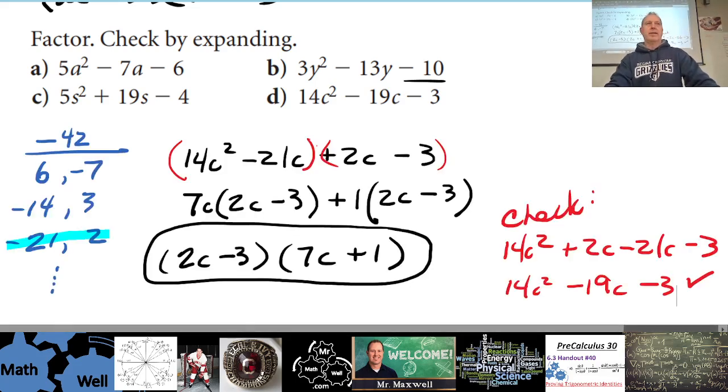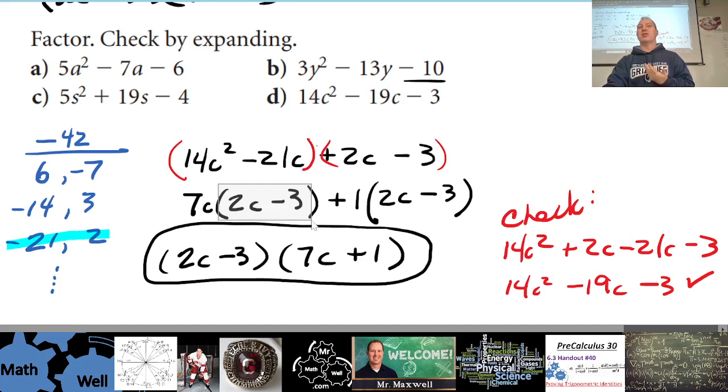All right, grade 10s. Here's the answer that I got, 2c minus 3 times 7c plus 1. The only little trouble spot you might have run into is, what is the common factor of 2c minus 3? I don't see a greatest common factor. In this case, notice that the factor over here is 2c minus 3. It's the same. So you can pull out a common factor of 1.